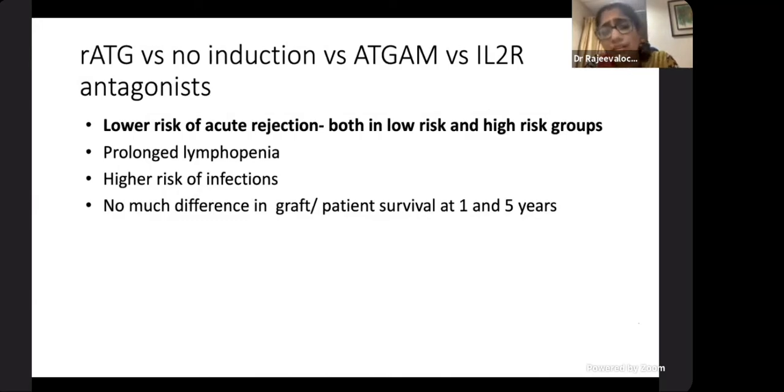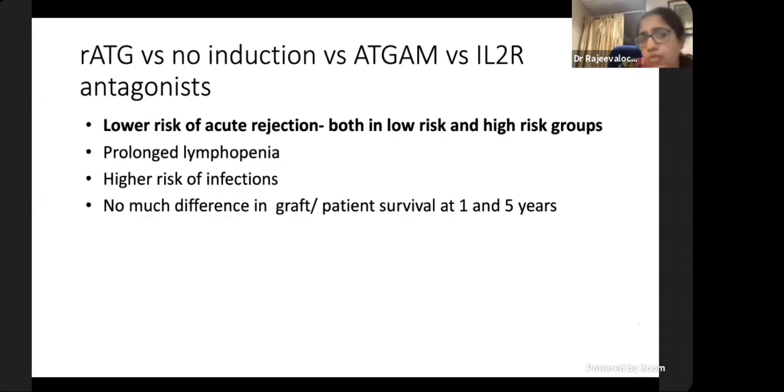Now, what is the difference between rabbit ATG versus no induction versus ATGAM, which is the equine ATG, versus Basiliximab? Basically, all the major studies which have been done were in the deceased donor groups. There are some observational studies which have been done in the living donor transplant groups and low risk groups.